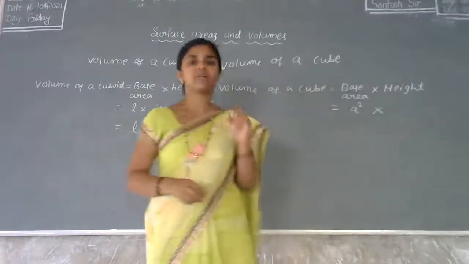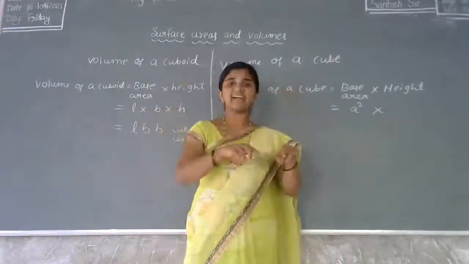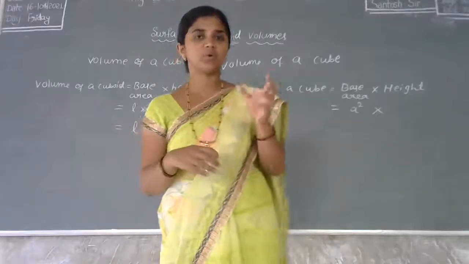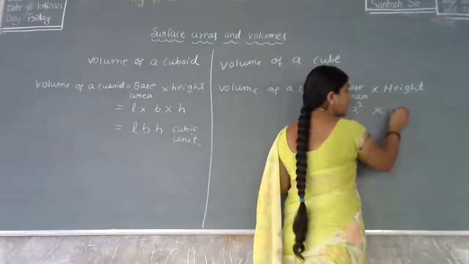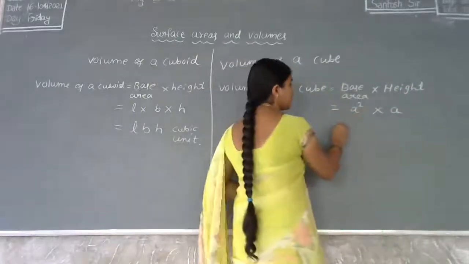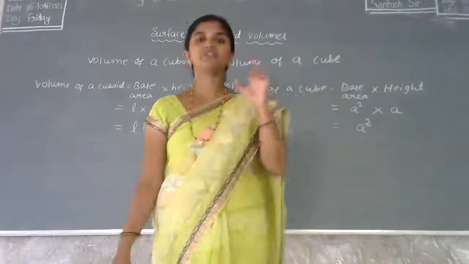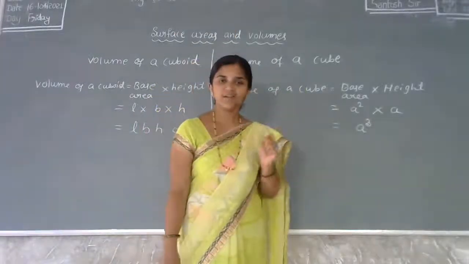Usually height is taken as small h, right? But here each edge and height are all equal. So each edge of a cube we take as small a only, and in place of height also I substitute small a. So a square into a, that is a cube. Volume of a cube is equal to a cube cubic units. Got the idea of this one now?